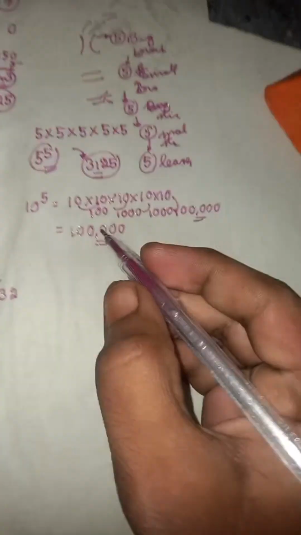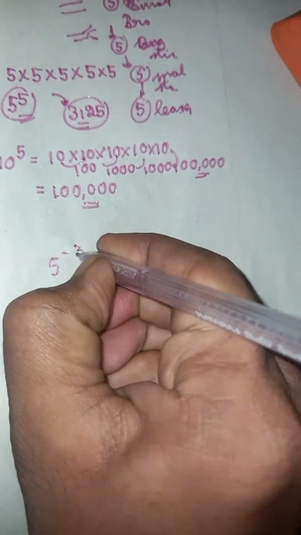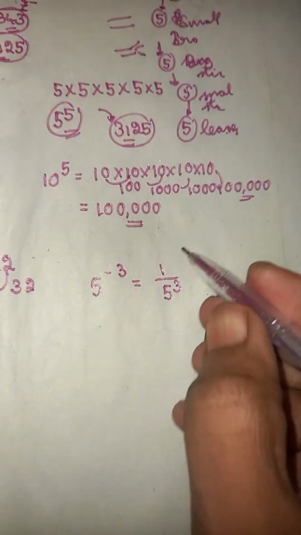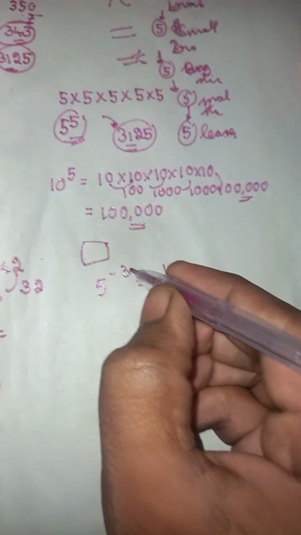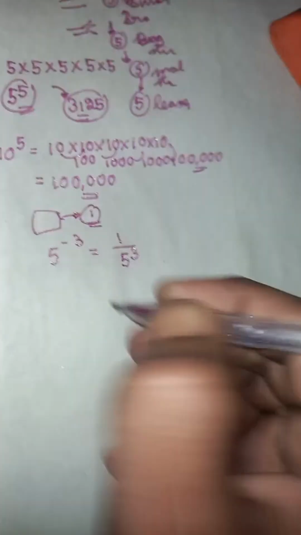Now I am going to tell what the value of 5 to the power of minus 3 is. You can write it as 1 by 5 cubed. Imagine there is 1 kilogram of butter. What is 5 to the power of minus 3 of the butter?